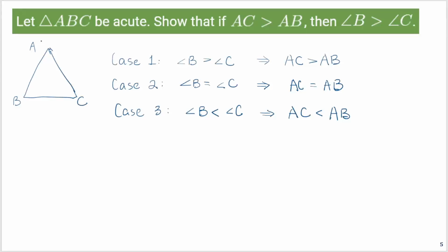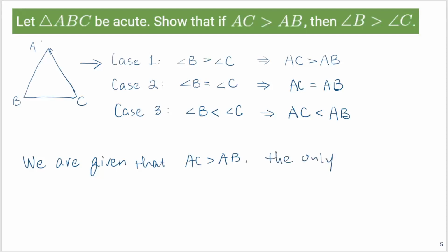So we are given that AC is larger than AB. The only one of these cases that can lead to AC is larger than AB is case 1 here, right? Did you get it? So we could say we are given that AC is larger than AB.